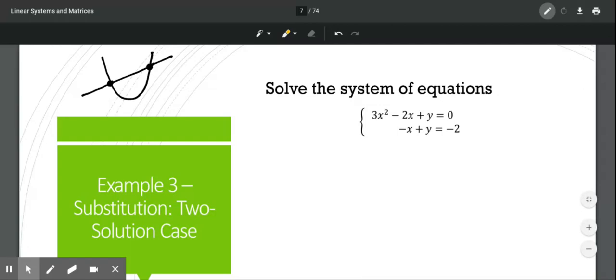So when you look at your equations, it's probably going to be easiest to substitute into the first equation rather than to solve the first equation for x. So if I solve the second equation for y, I could say y equals negative 2 plus x. And then I'm going to take that negative 2 plus x and substitute it into the first equation for y.